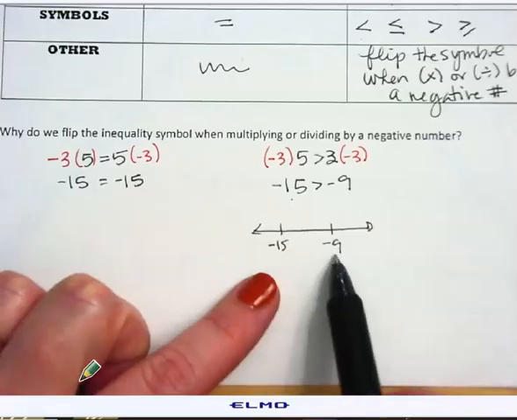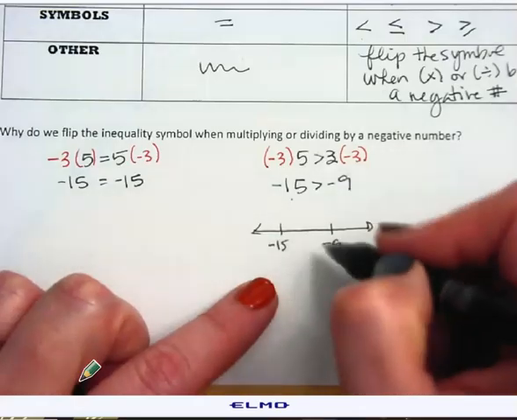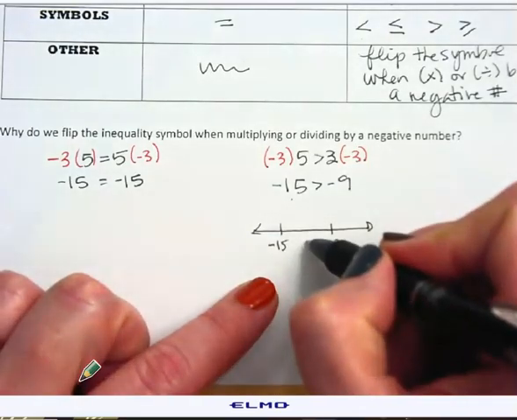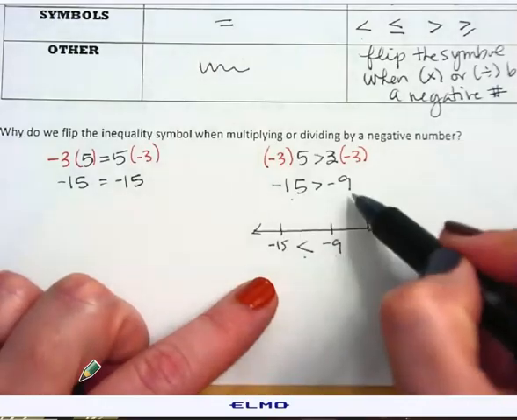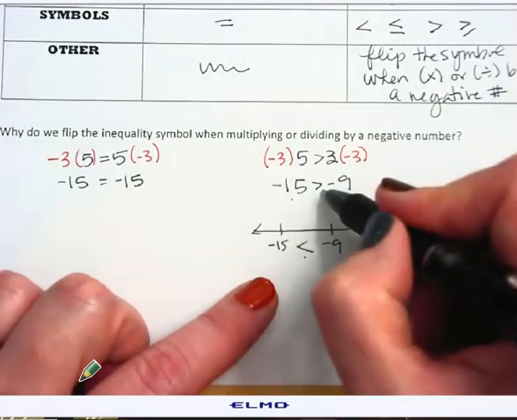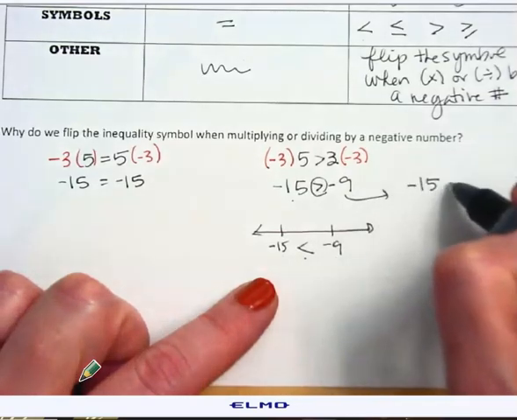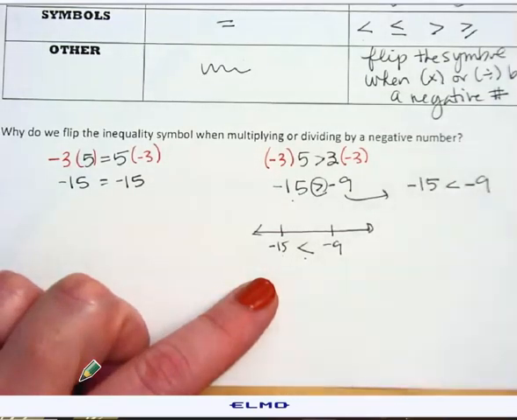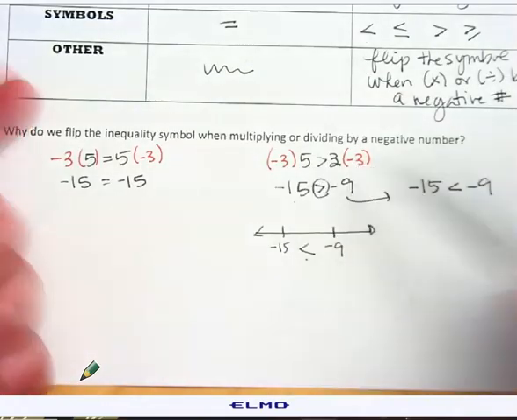Because -15 is to the left of -9, we know that -15 is less than -9. So we fix this statement by flipping the symbol when we multiply by a negative number. And we're going to do the same thing if we divide both sides by a negative number.